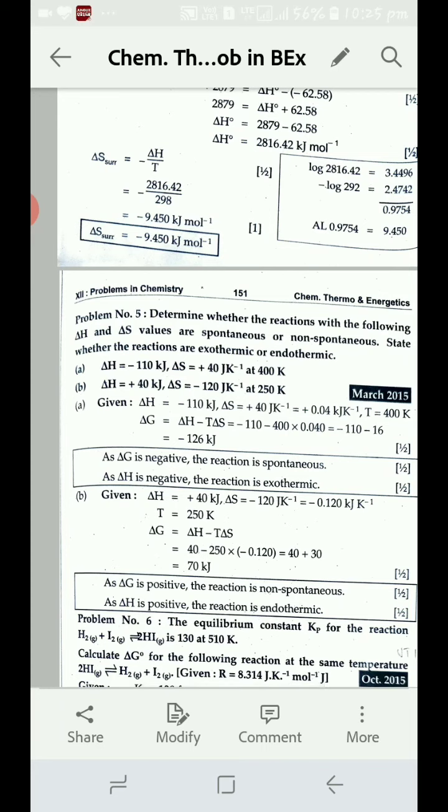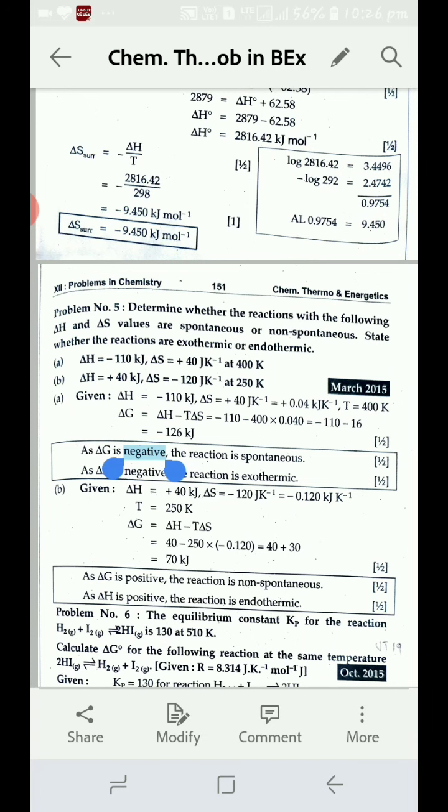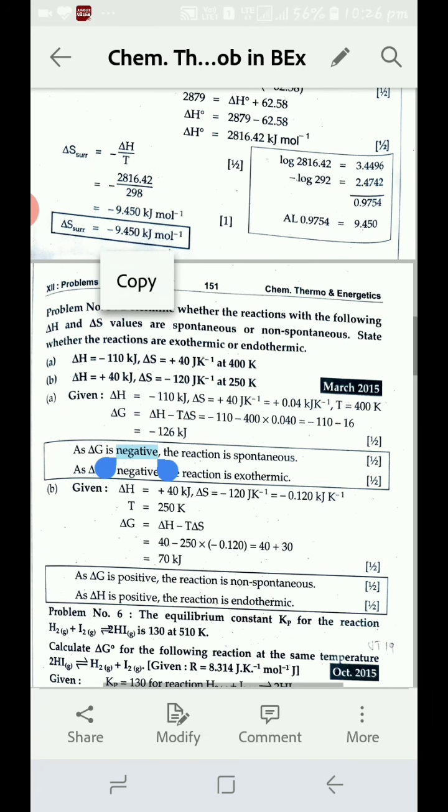Okay, the next numerical: the equilibrium constant Kp for the reaction H2 plus I2 gives 2HI is 130 at 510 Kelvin.